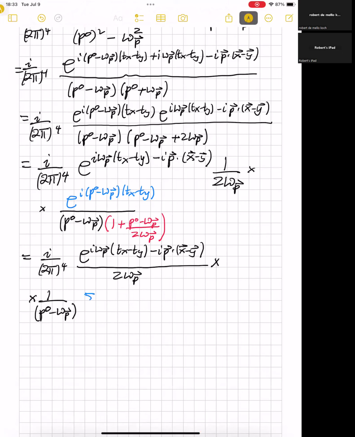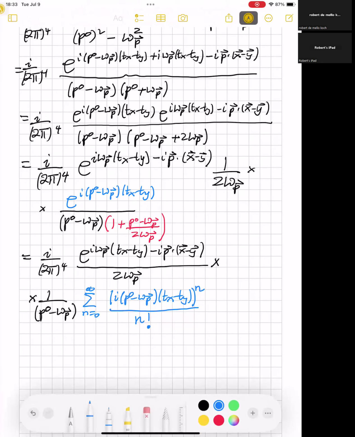Now, the exponential, you know the expansion of the exponential. This will be a sum from n equal to 0 to infinity. So e to the x expanded to infinity is a sum from n equals 0 to infinity of x to the n over n factorial. Here, x is i (P naught minus omega P) times (Tx minus Ty), raised to the power of n over n factorial.